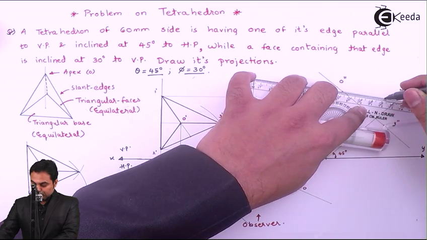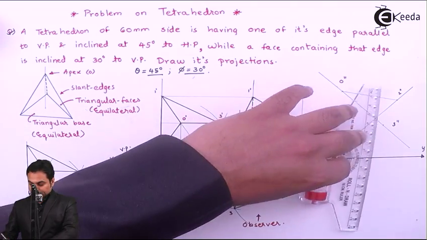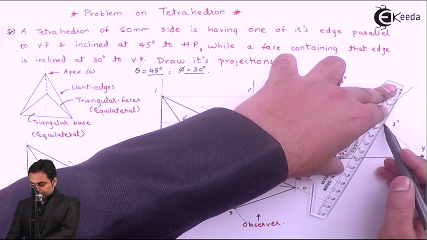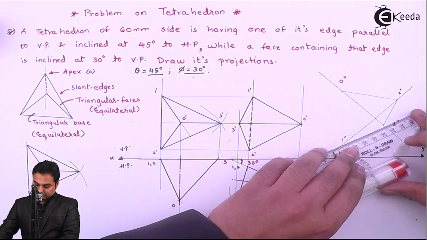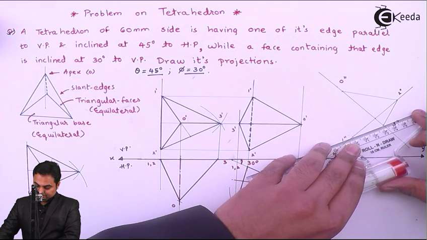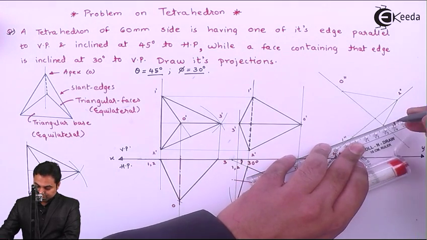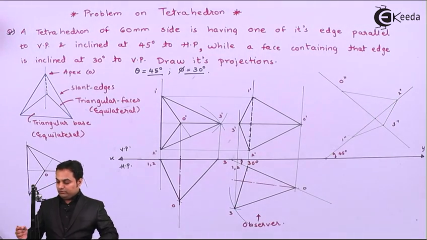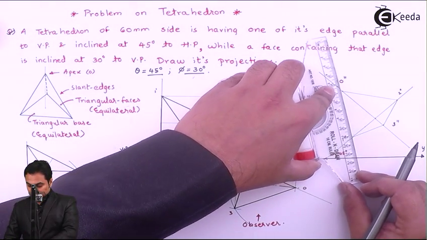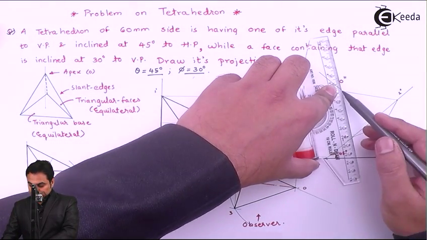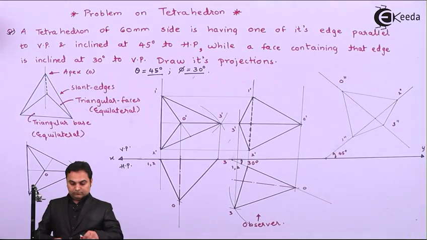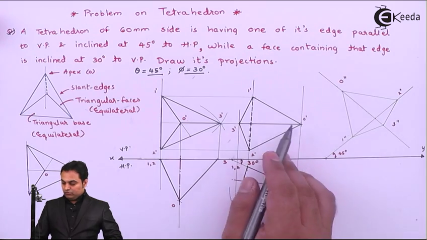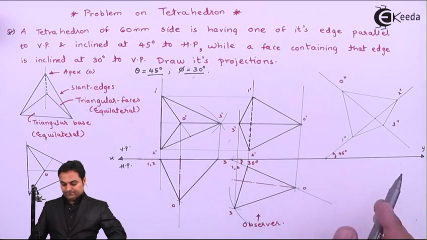O double dash to 2 double dash, then 2 double dash to 3 double dash, then 2 double dash to 1 double dash, next 1 double dash to O double dash, copying it in a similar manner. Edge O dash 3 dash is a dark line.